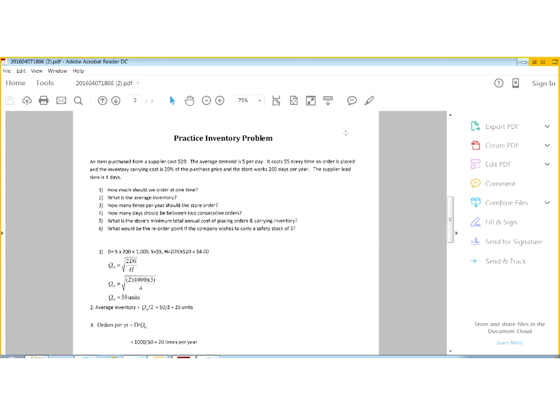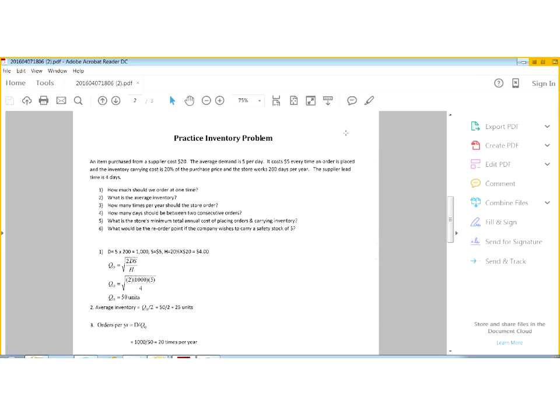Now, one mistake that some students will make, it's not a common mistake, but it's very easy to make, is that they will insert the wrong variable value into the formula. So instead of inserting $5 for the ordering cost, some students will get mixed up and insert the $4 for the holding cost, and vice versa with the holding cost. Instead of putting in $4, they'll get mixed up and put in $5.